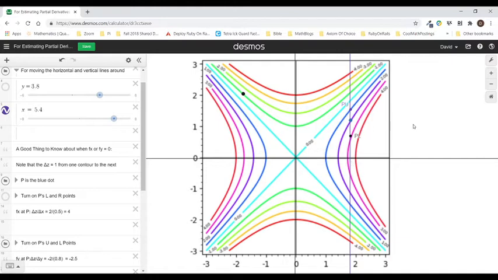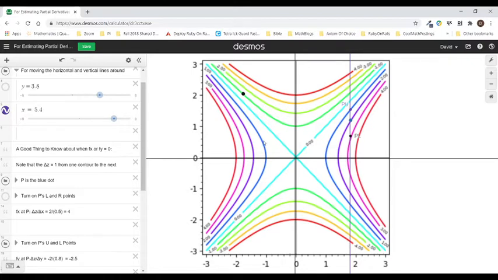So all I want is the delta z. Notice that the changes in the z's are always the same because they just go up by 1. You can see that they go up by 1. So for example, this is 4, this is 3, this is 2. So all I want to do is take the z value here, the z value here, and divide by the change in the y value. The y value over here looks like about 1.6.